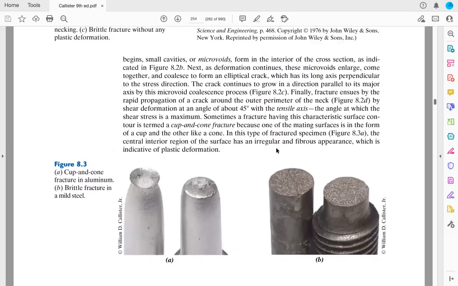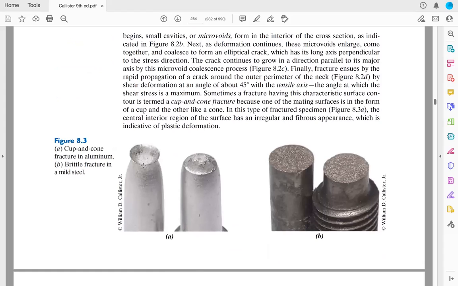Okay, so this looks like the ductile fracture. This looks like a cup and cone fracture in aluminum. There's a surface like this. And the second one is brittle fracture. The brittle fracture looks like, I think, what we saw in the video in the toughness test. It just divides in two, and there is no plastic deformation.